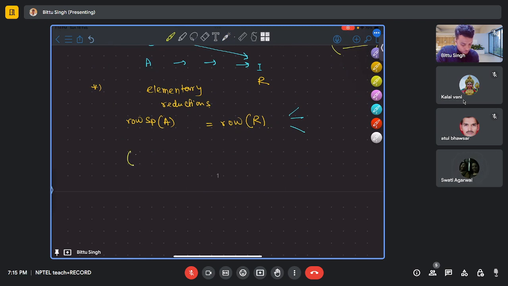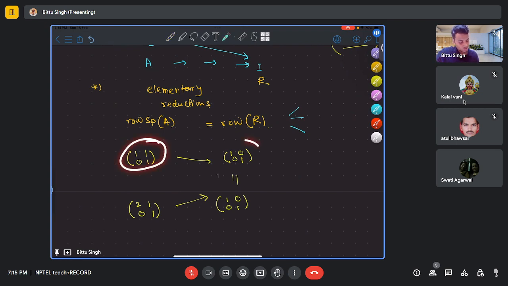For example, let us consider an example. Suppose A is [1 1; 0 1], and another matrix is [2 1; 0 1]. If you reduce them, this will give the identity matrix, and this will also give the identity matrix. Now, this implies the row space of this matrix is the same as the row space of the identity matrix.